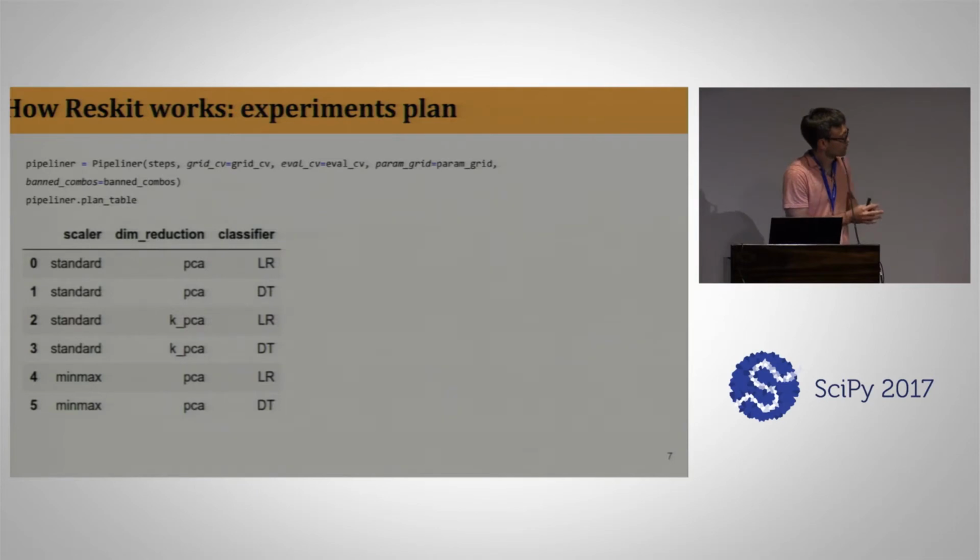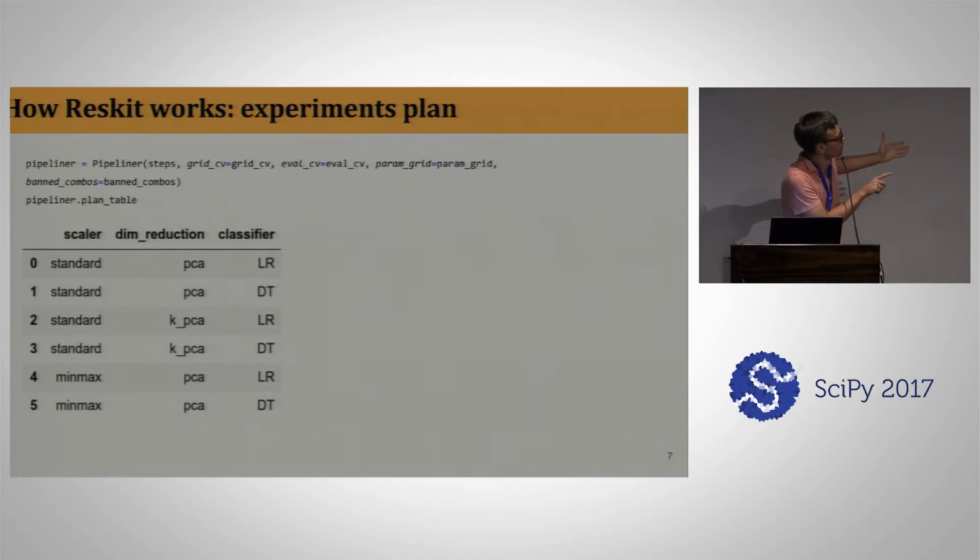What it does is make a Cartesian product of all possible steps. You see, this is the experiment plan table. It makes a Cartesian product of all possible combinations, and then excludes forbidden combinations to narrow it, because some combinations of steps don't make sense.